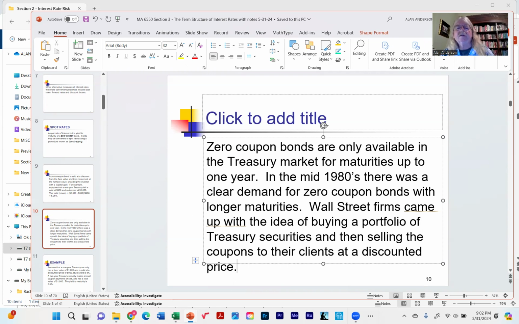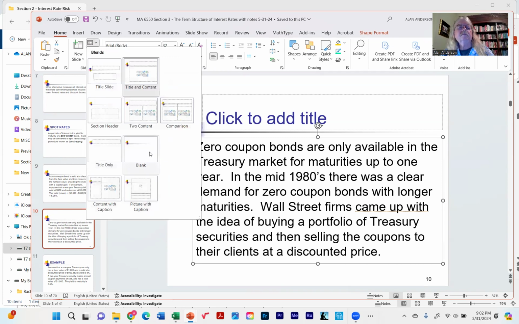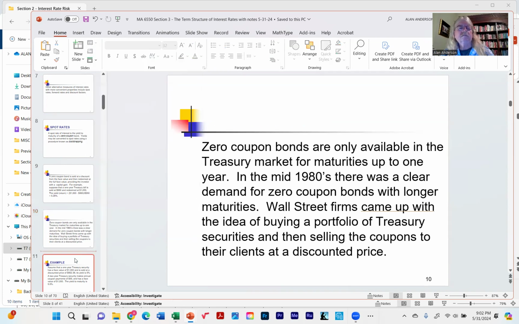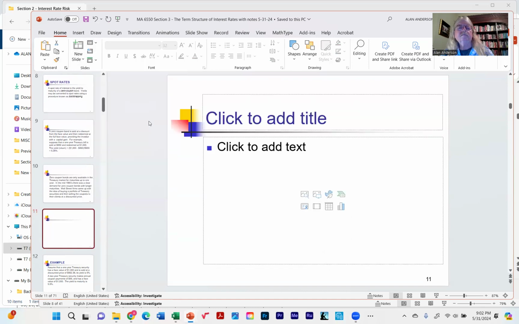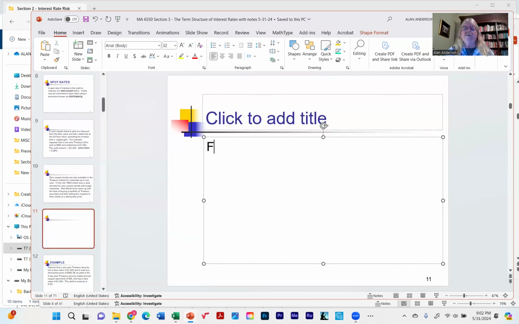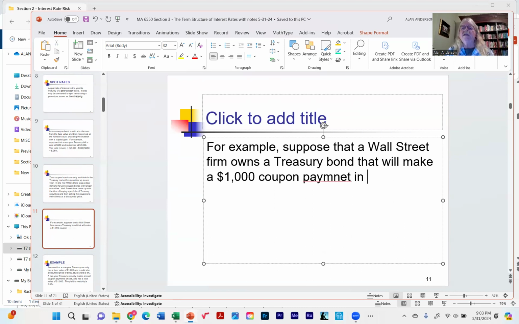Now, how would that work? All right, let's try this. For example, suppose that Wall Street owns a treasury bond that will make a $1,000 coupon payment in 10 years.